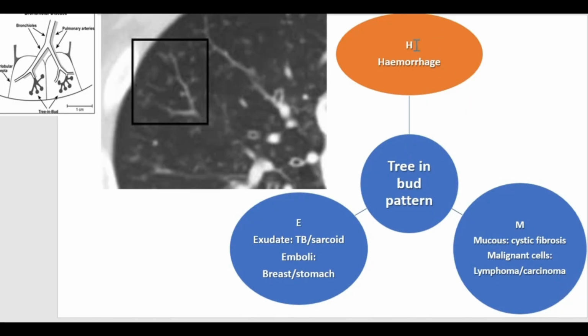However, pulmonary hemorrhage is the most likely cause of tree-in-bud opacities in this patient.